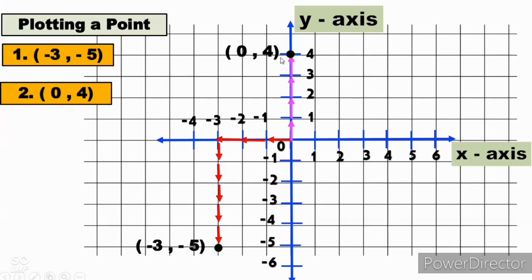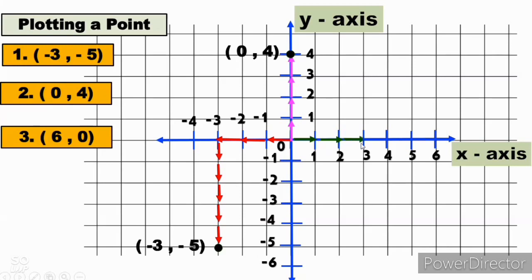Okay, number 3 example. We have positive 6, 0. 6 is the first coordinate, 0 is the second coordinate. Again, 6 is the x-coordinate, 0 is the y-coordinate. So, from the origin, magka-count tayo ng 6 units going to the right direction since 6 is the x-coordinate. Okay, let's count from the origin.